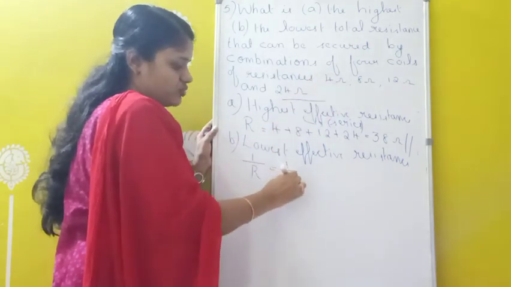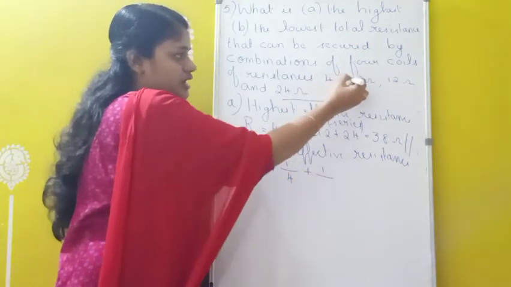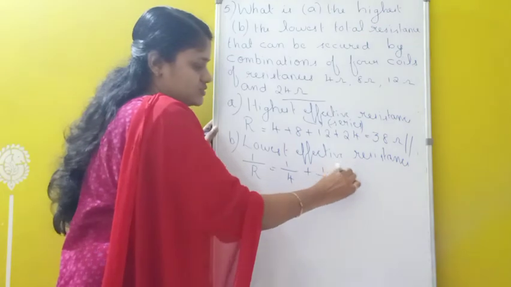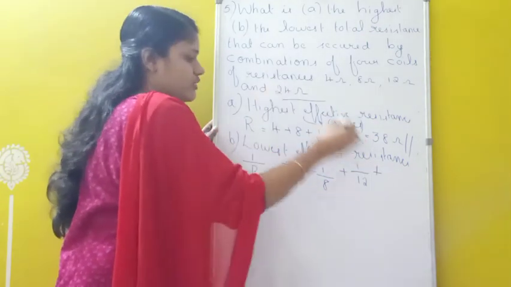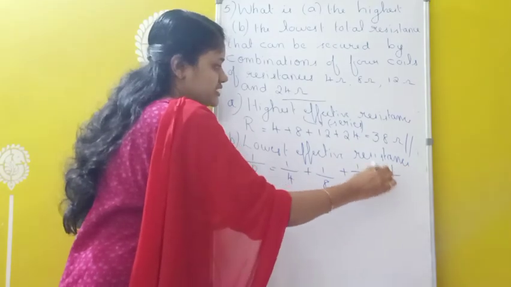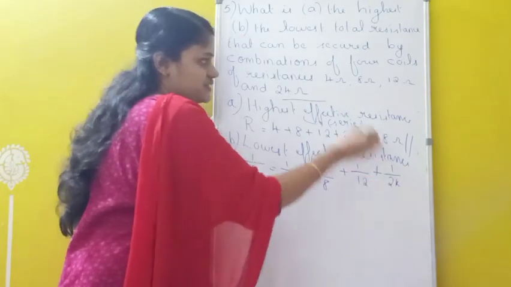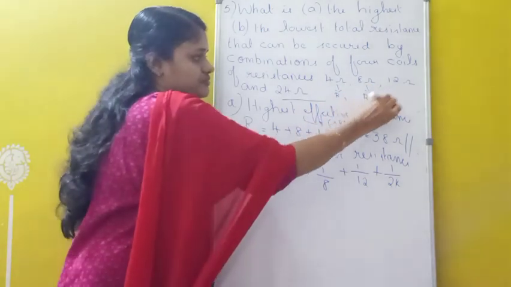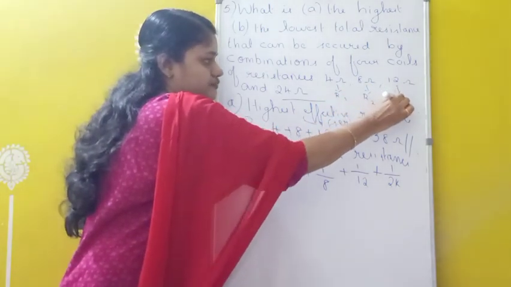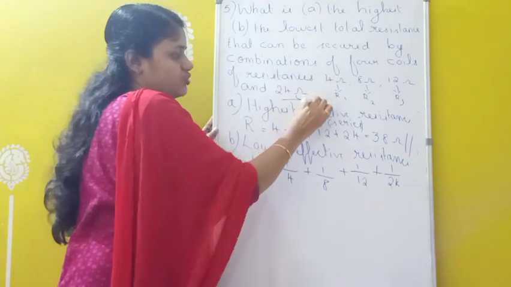What is R1 here? 4. Plus 1 by R2. 8. Plus 1 by R3. 12. Plus 1 by R4. That is how much? 24. So we have taken 4 ohm as R1. This is R2, R3, and this one is R4.